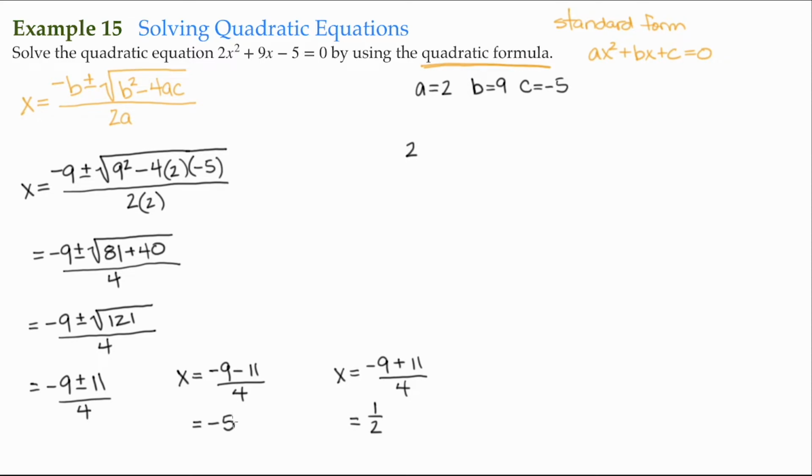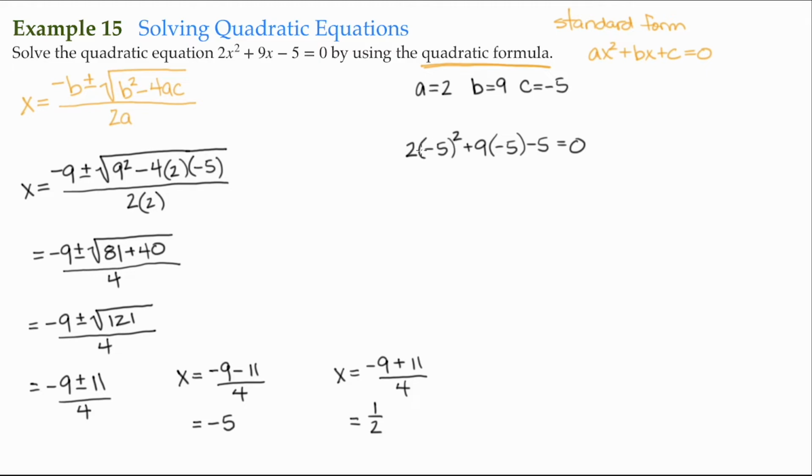2x squared, we'll start with negative 5. 2x squared plus 9x minus 5. Does that equal 0? Negative 5 squared, that's negative 5 times negative 5.